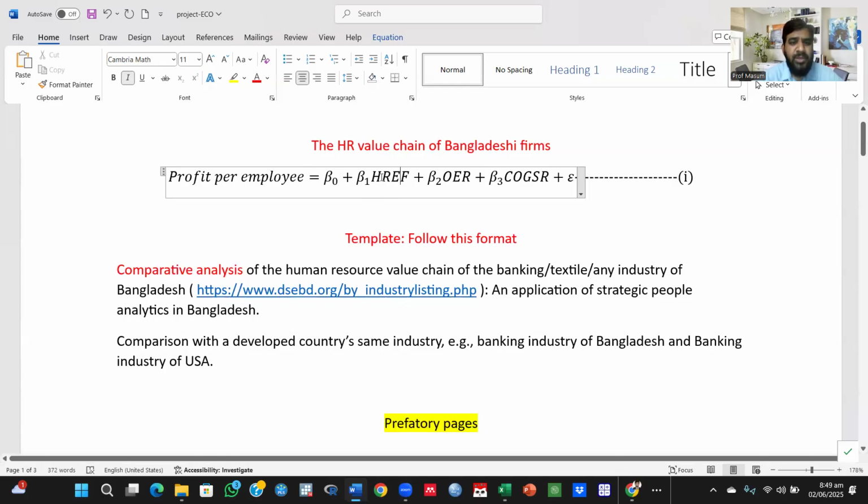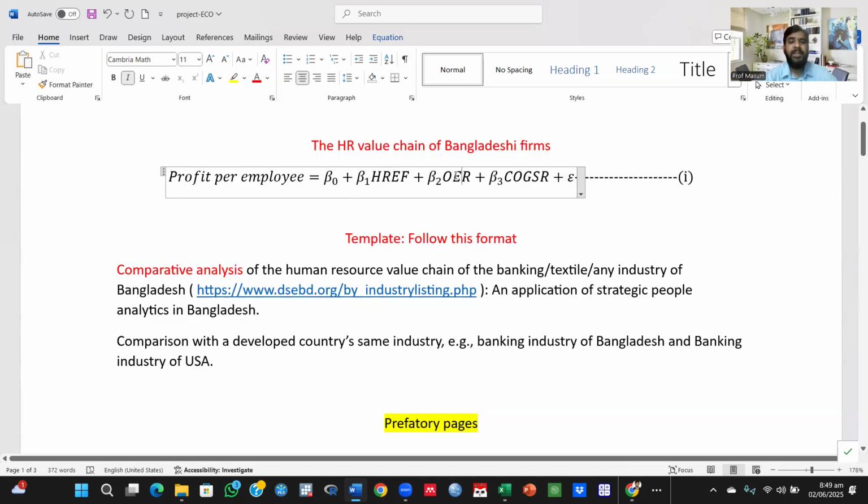HR expense factor is also one of the expense factors that is related with human resource or payment to the employees. HR expense factor. Operating expense. What percentage of the operating expense is HR expense?